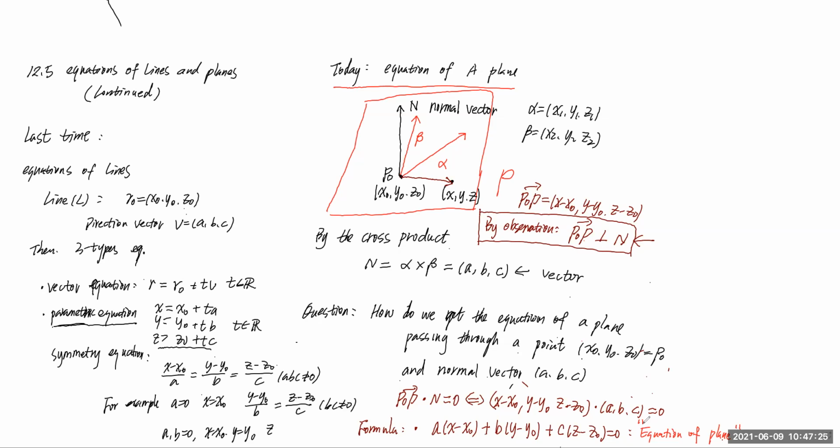And also, in the book, sometimes people write it in another form. Sometimes, I write a remark. The equation I gave you is A times x minus x naught plus B times y minus y naught plus C times z minus z naught is 0. It's kind of a bracket, right?